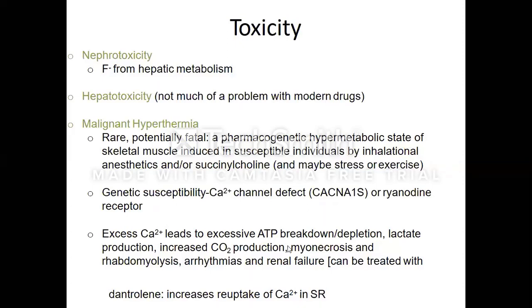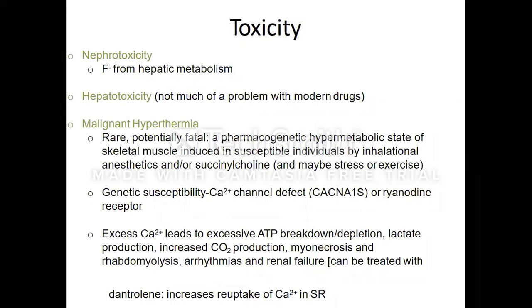What happens is that there is an excess of calcium, which leads to excess breakdown of ATP molecules. That leads to depletion of ATP, accumulation of lactate, increased carbon dioxide production, myonecrosis, rhabdomyolysis, arrhythmia, and renal failure.